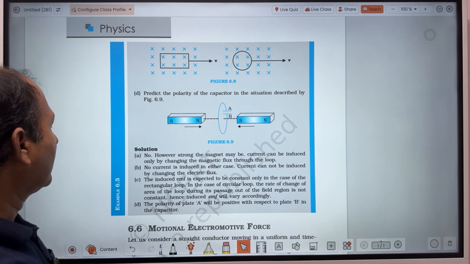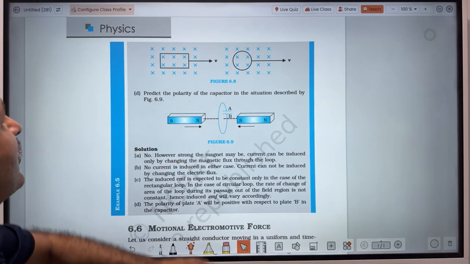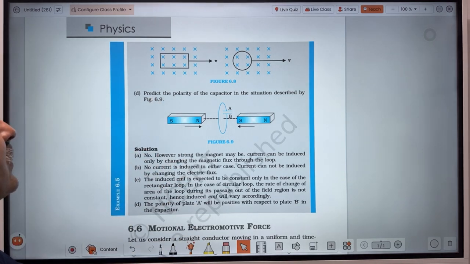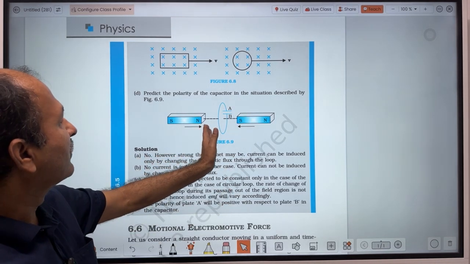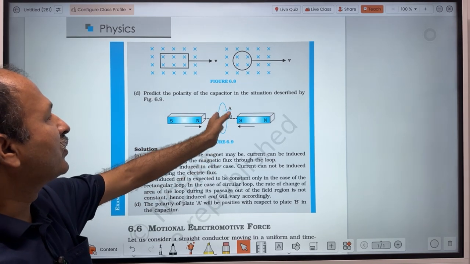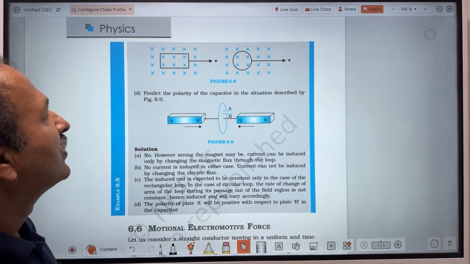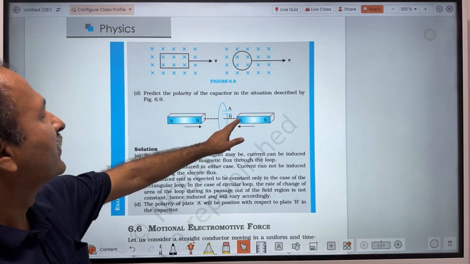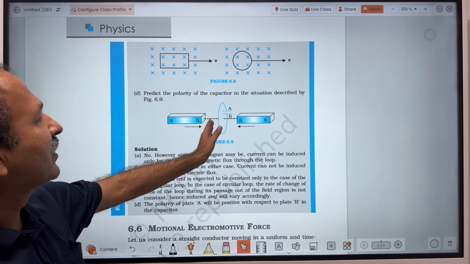Right? And the last case is: predict the polarity of the capacitor in the situation described by the figure. So here again, this is approaching. So what should be the polarity? What type of pole should be created in this loop? So the south pole should not approach this, right?